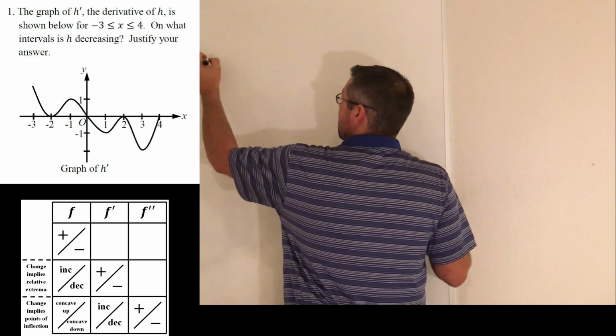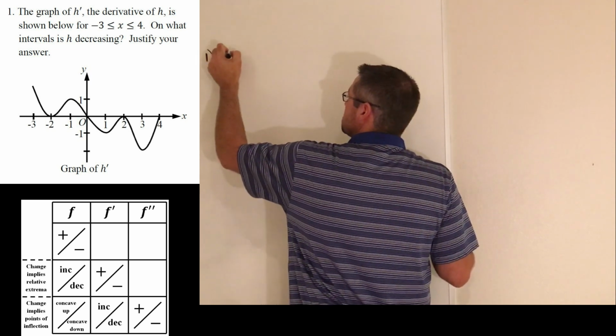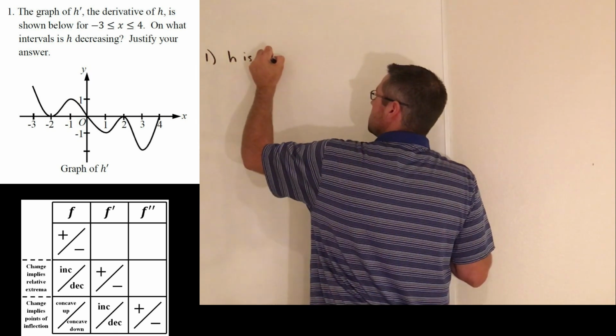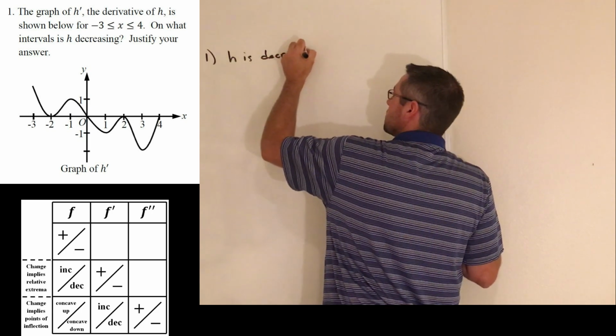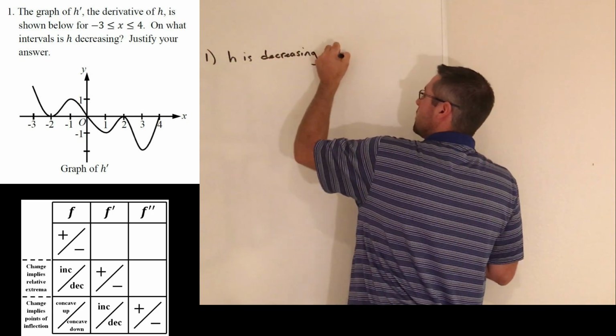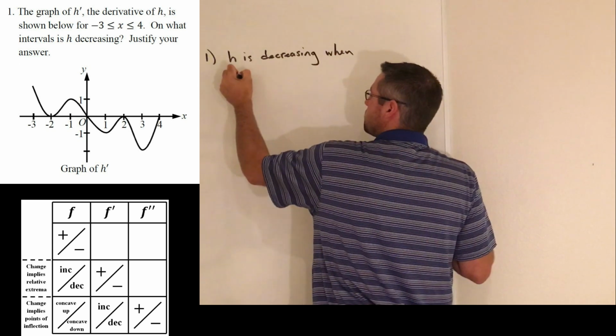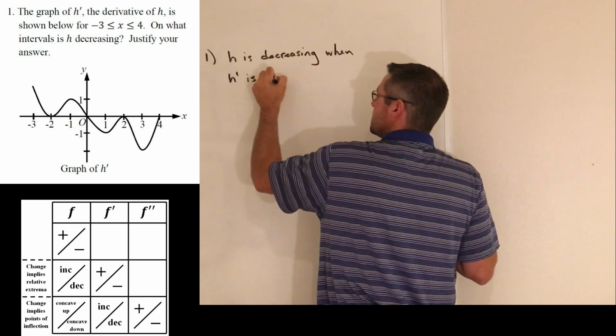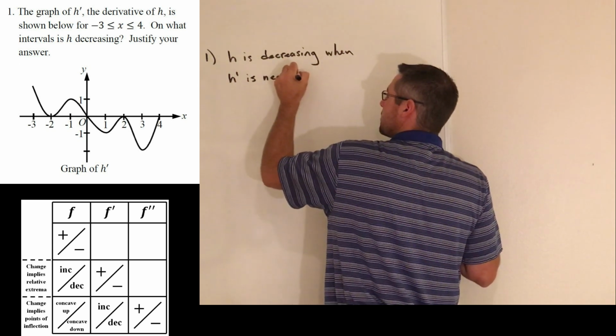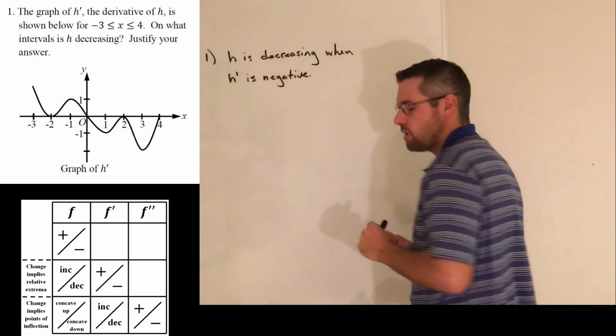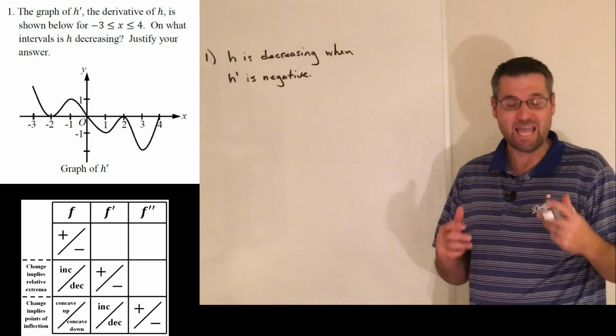So we would say h is decreasing when h prime is negative. Okay. So h is decreasing when h prime is negative.